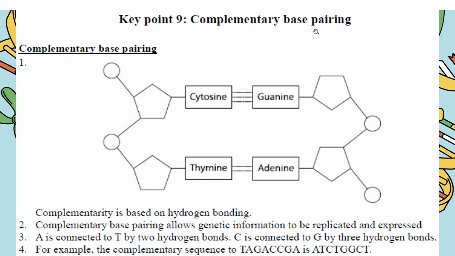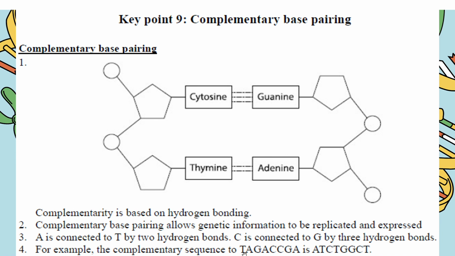Complementary base pairing. So the two strands have complementary base pairing. You can see they are highly connected. The C is connected to G and T is connected to A. So if you have one strand, definitely you know the anti-parallel partner.